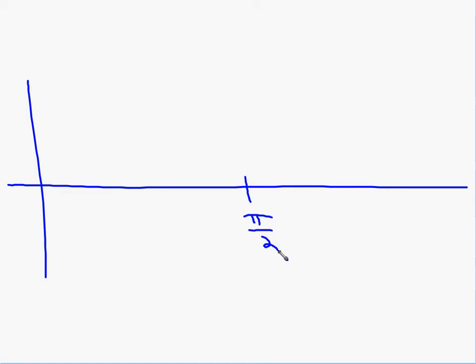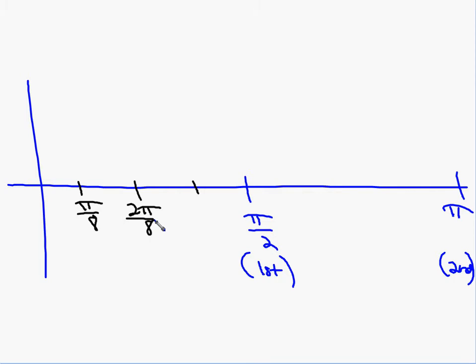So what's pi halves plus pi halves? It's 1 pi. So here's the first period. Okay? Over here is the second period. Now you just found out the road markers, right? Pi eighths. We said those were pi eighths, 2 pi eighths, 3 pi eighths. This one was like 4 pi eighths, right?